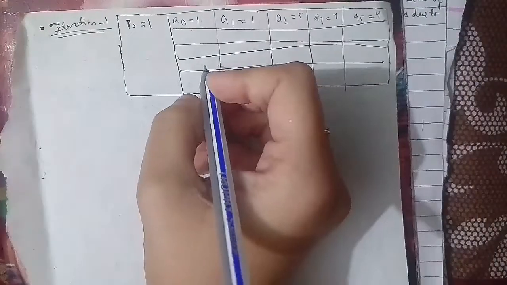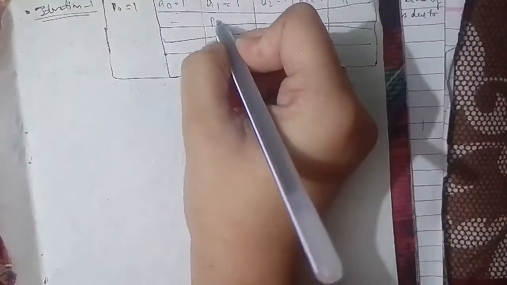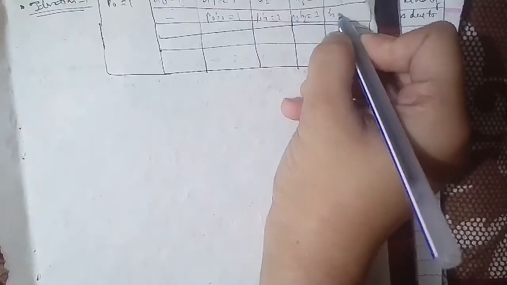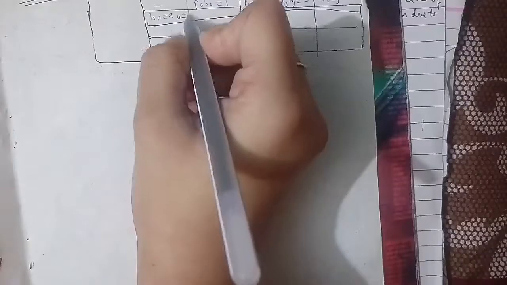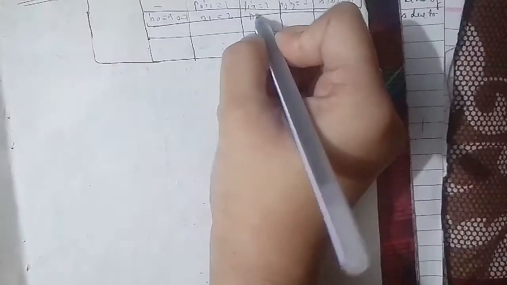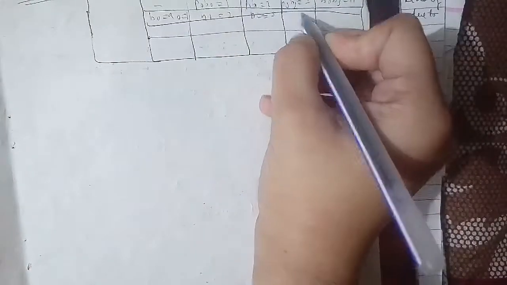For the same, B0 = 1, B1 = 2, B2 = 7, and B3 = 11. Now B0 equals a0, which is 1, B1 is 2, B2 is 7, B3 is 11.